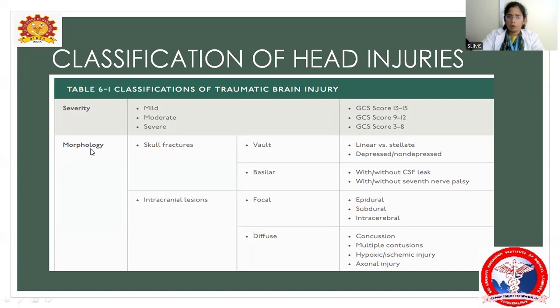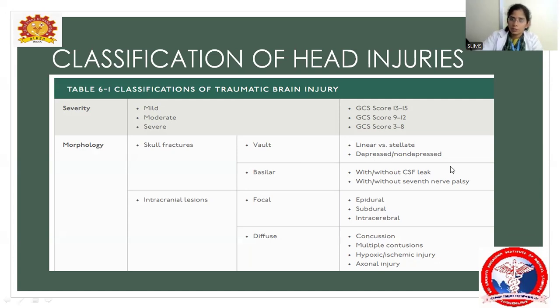Based on morphology, that is where the fracture or the injury occurs, we can classify head injury as either skull fractures or intracranial lesions. In skull fractures, either the vault may be involved or the basilar structures may be involved. Vault fractures can be linear or stellate, and they can also be depressed fractures or non-depressed fractures.